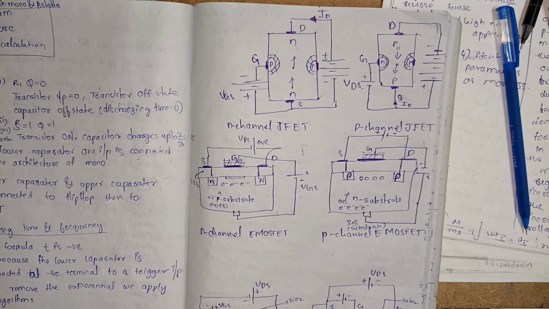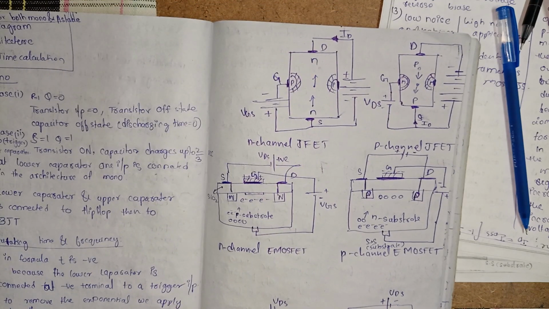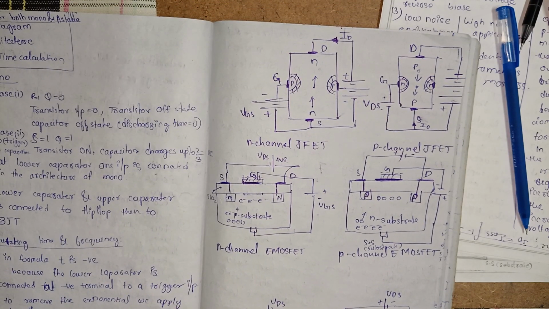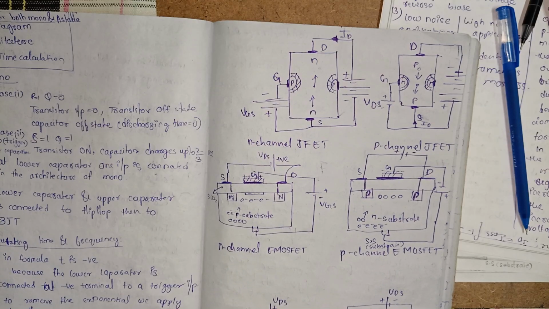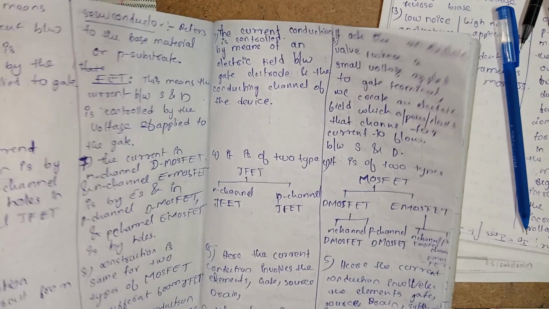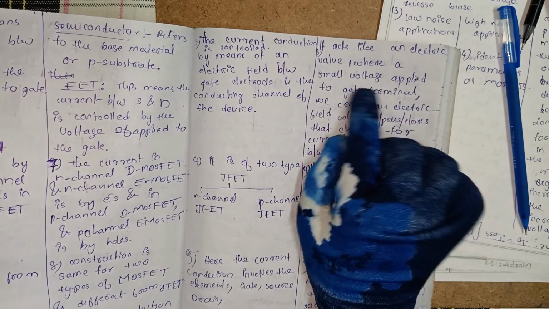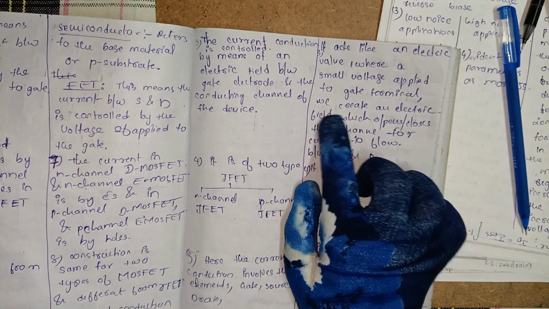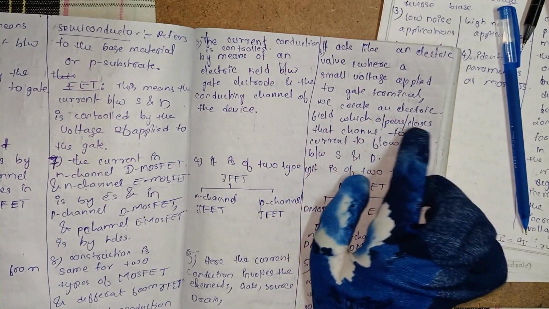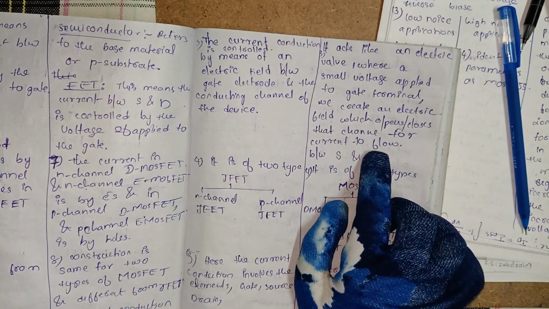We have seen in the working of JFET why it is controlled by gate and the N channel. It acts like an electric valve where a small voltage applied to a gate terminal creates an electric field which opens or closes the channel for current to flow.